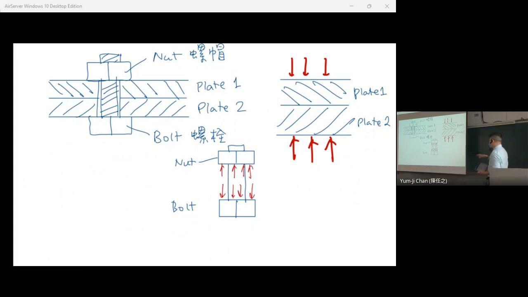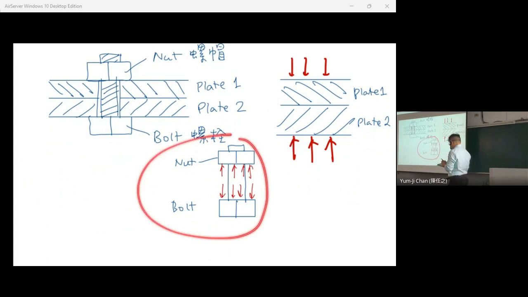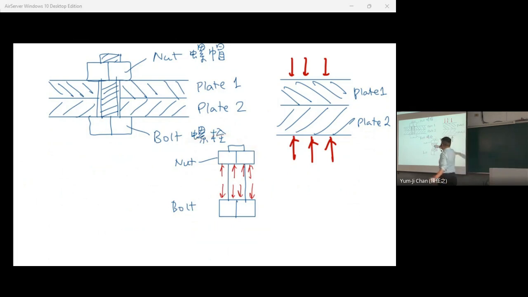Now, as we always say, a free body diagram should be drawn on rigid bodies, but this is not a rigid body because the nut can go up and down, right? So we draw a free body diagram of the nut.